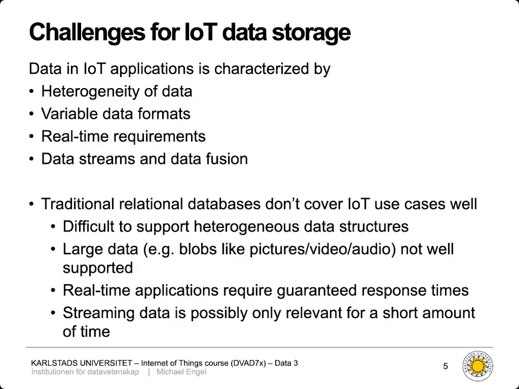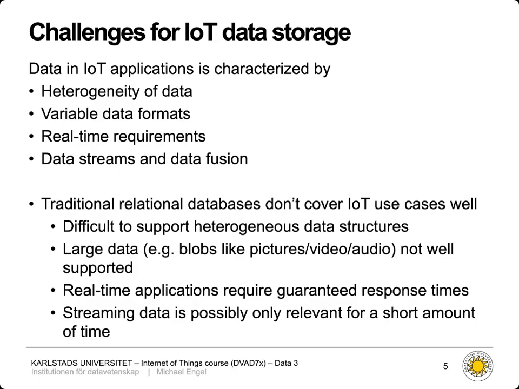They make it very difficult to support these heterogeneous data structures because we're always fixed to this table or record format. It's very difficult to store large data like blobs, like a picture from a camera or video or an audio stream inside of a relational database. The relational databases usually don't give any real-time guarantees.